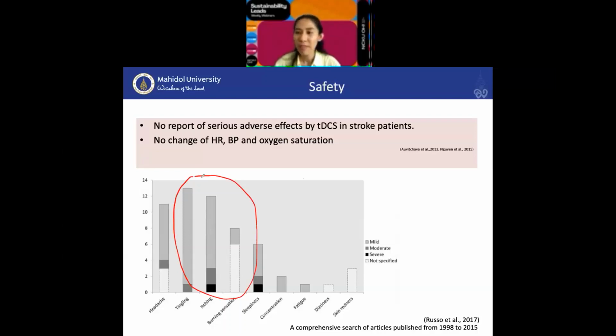And they probably have headache during tDCS also, but it's a mild headache, not much. I personally see people who have headache, but after 24 hours it has recovered. And this one I found is sleepiness.